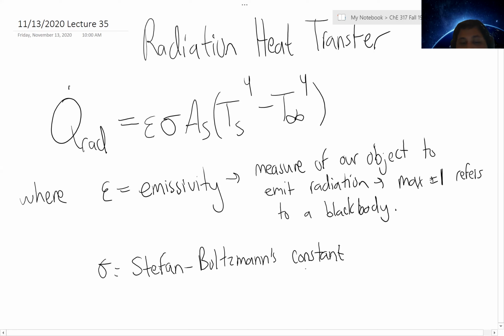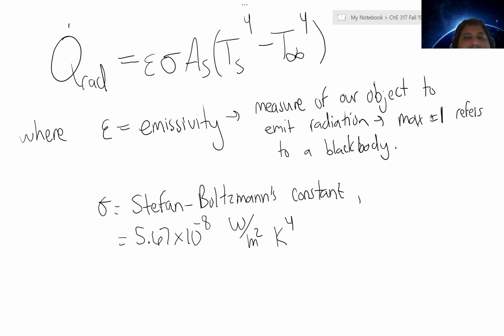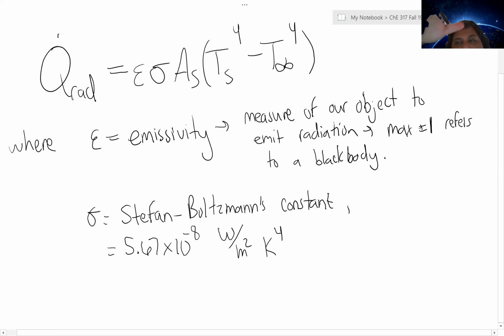Thank you, phone, for letting me know that we have class. Sigma is equal to 5.67 times 10 to the minus 8th watts per meter squared Kelvin to the fourth. A sub s is our surface area, T sub s is our surface temperature, and T infinity is ambient, or where we're radiating to, essentially.